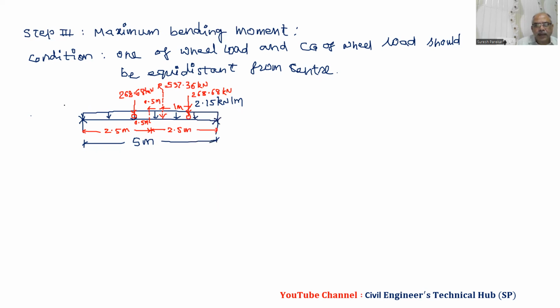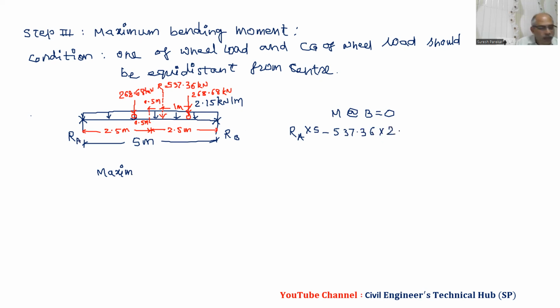For this we have to find the reaction. We will say this is again RA, this will be RB. And first we have to find RA. So moment about B equal to 0. We have RA into 5 minus 537.36 into 2, minus 2.15 into 5 square by 2.